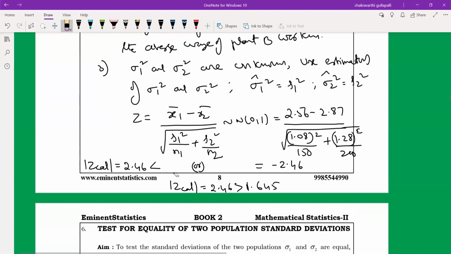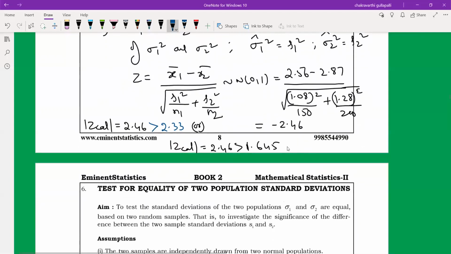At the 1% level, this value is 2.33. 2.46 is greater than 2.33, and 2.46 is greater than 1.645.